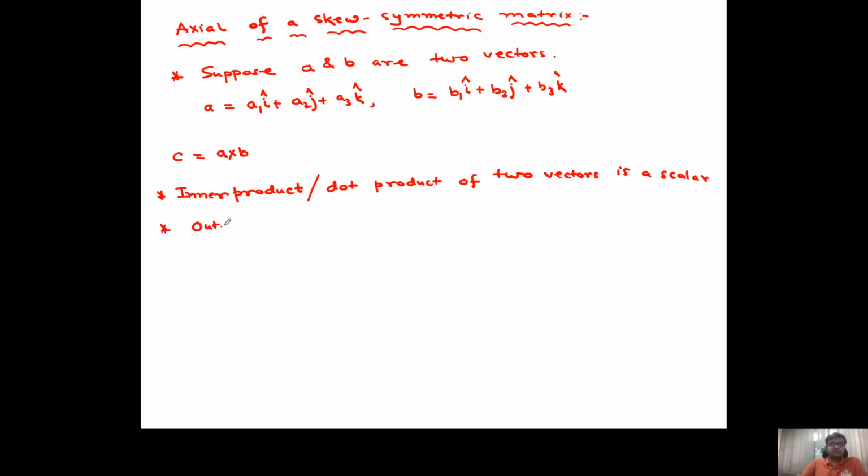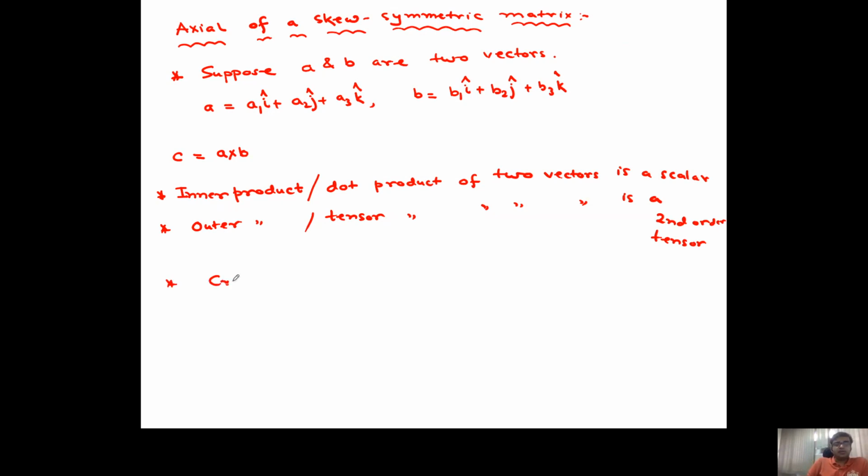Outer product or tensor product of two vectors is a second order tensor. This is also something we have discussed in the very first lecture.